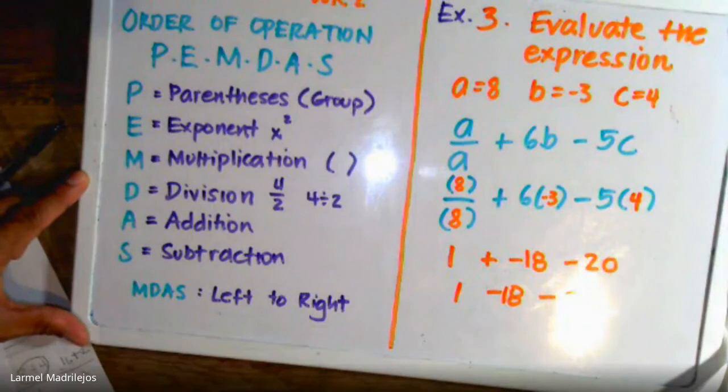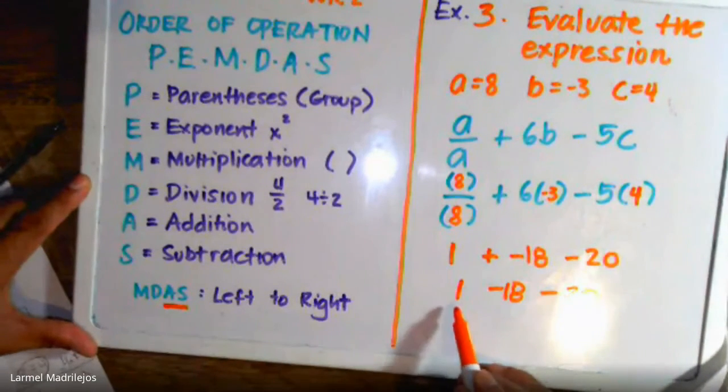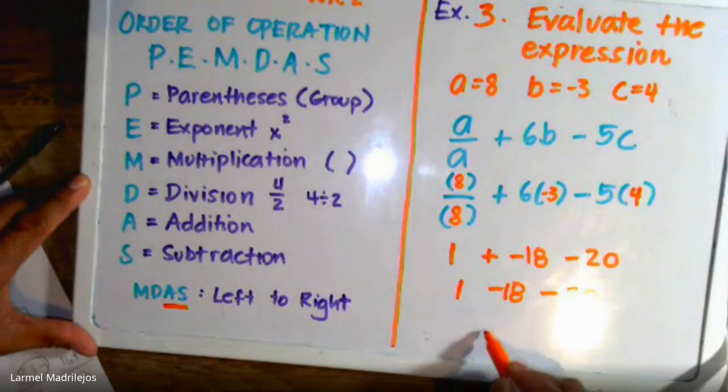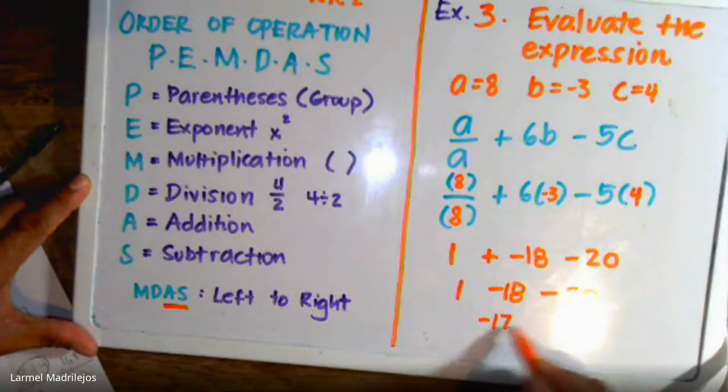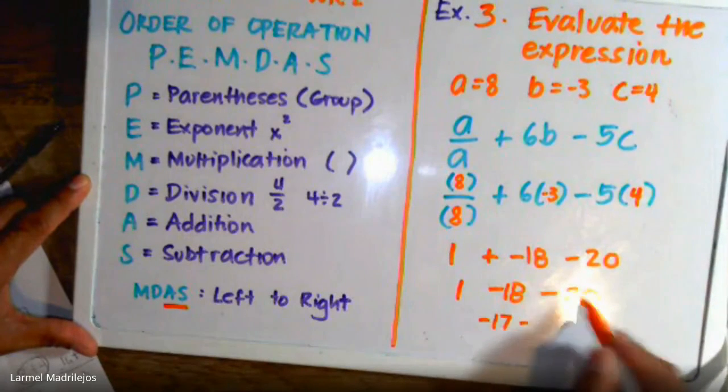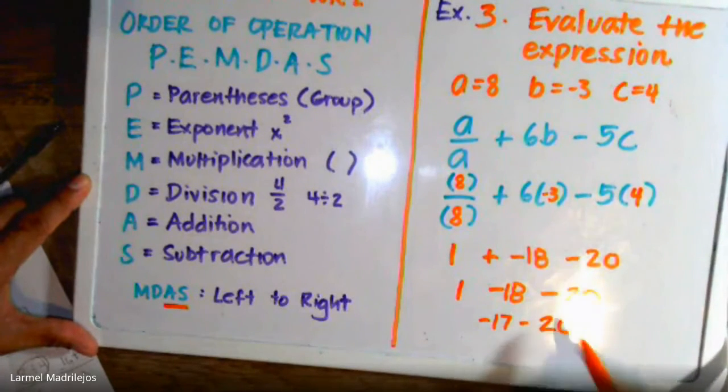So what's the rule? If you're working with addition and subtraction, you start from left to right. From the left, 1 minus 18 is negative 17. Bring down this number here: negative 17 minus 20.